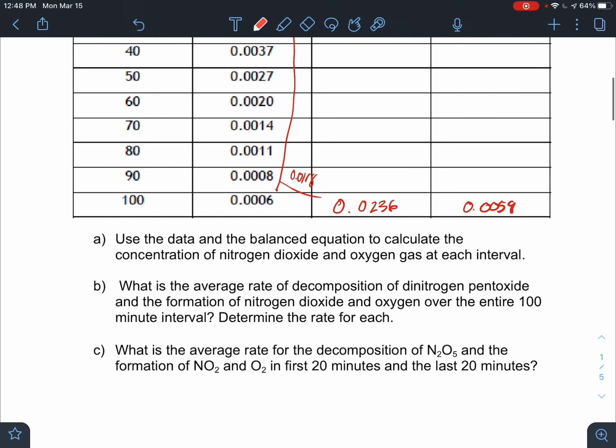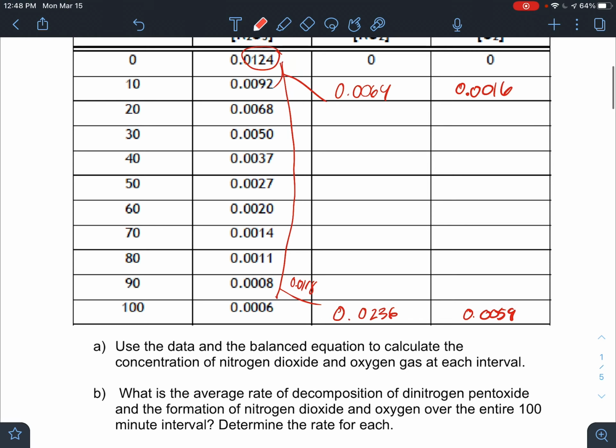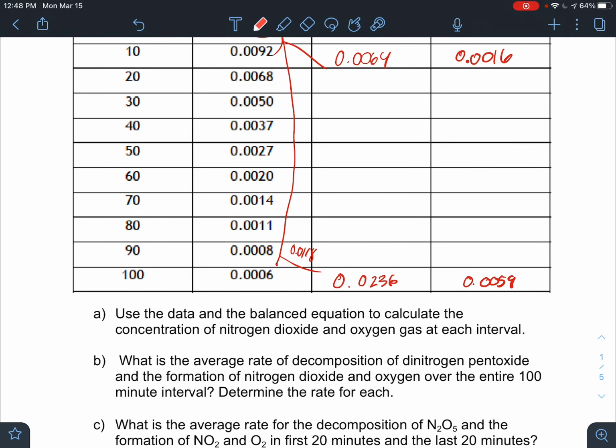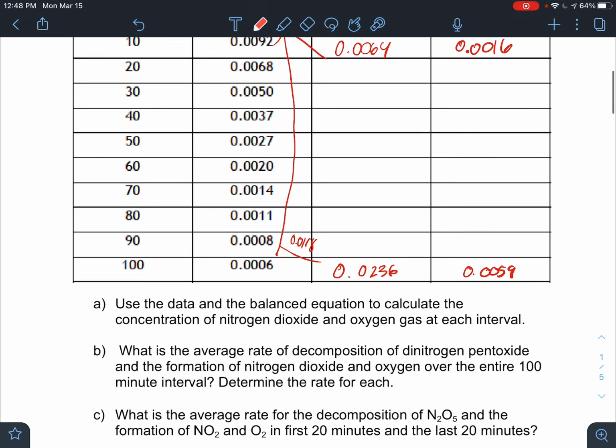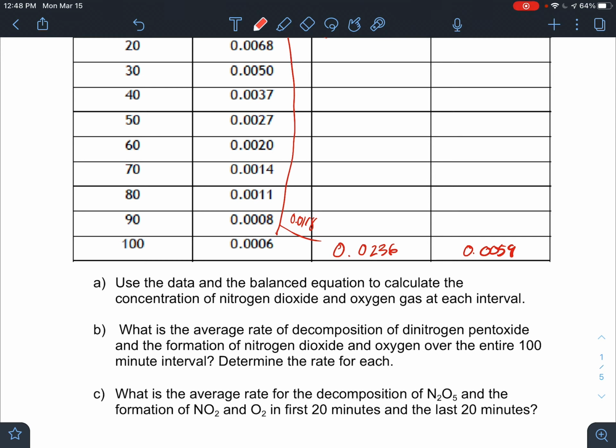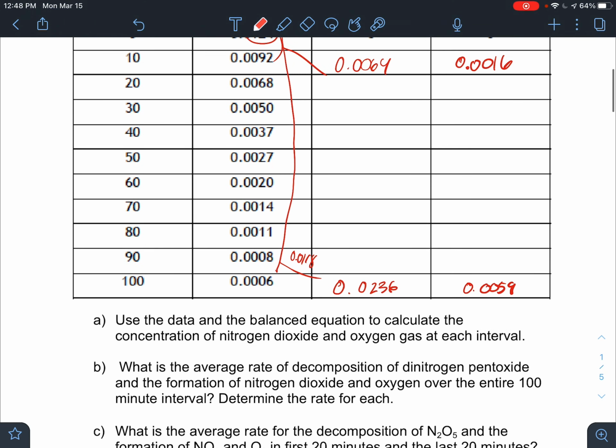That's the major idea. The numbers should continuously go up on the left in the 2 right columns. What is the average rate of decomposition over the entire 100-minute interval? So let's just do the entire 100 minutes. So formation of nitrogen dioxide, we can take our final value, 0.0236.